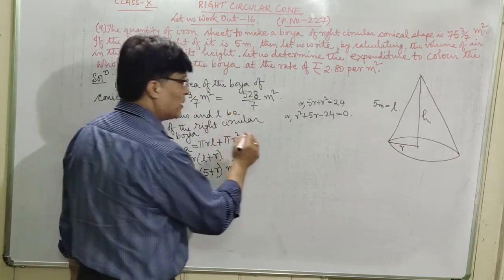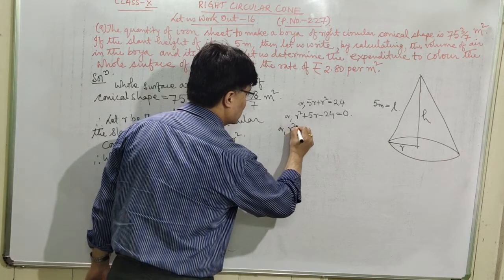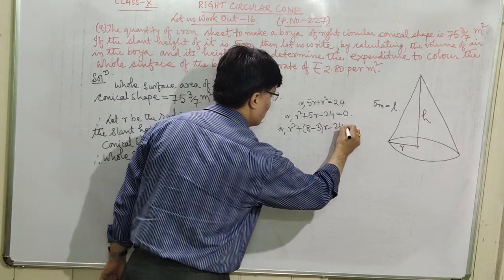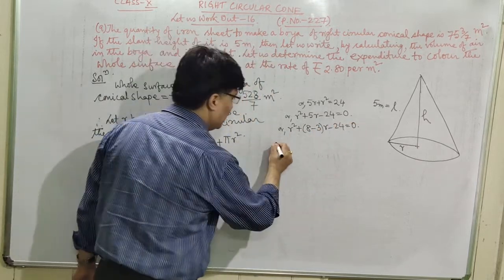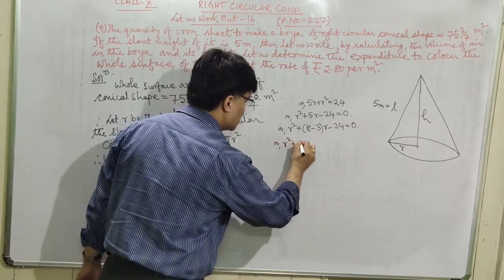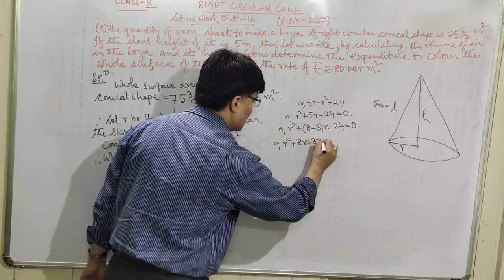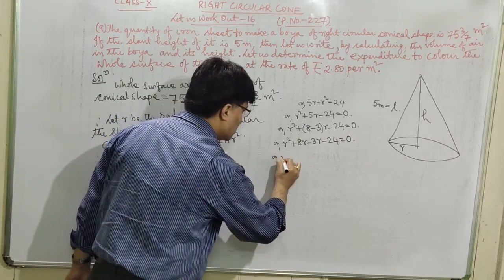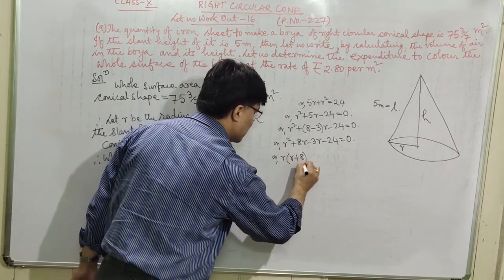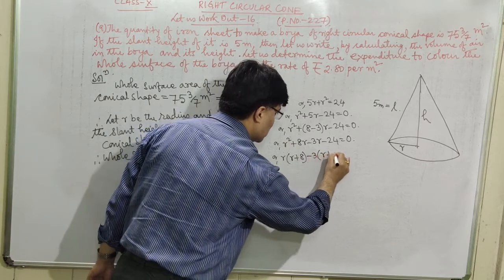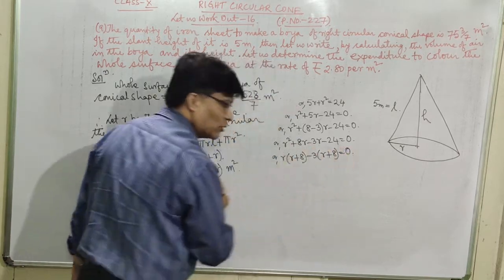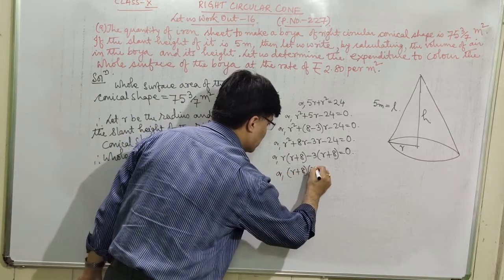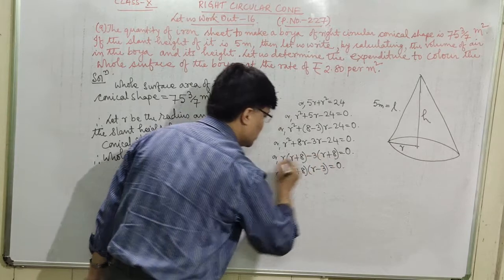Let us do the middle term breaking. r square plus 8r minus 3r minus 24 is equal to 0. Here r is common, so it is r plus 8, minus 3 common, r plus 8 is equal to 0. Or this is r plus 8 into r minus 3 is equal to 0.